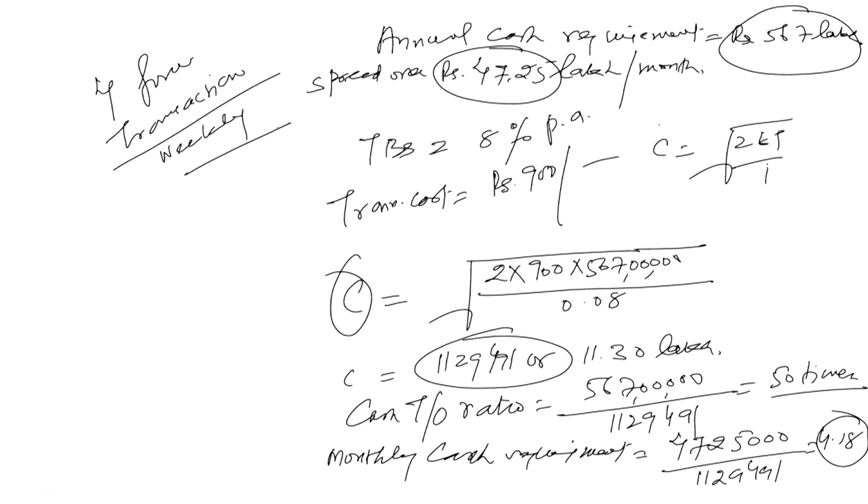The C which the firm is keeping is sufficient only for 1 week's cash requirement. So, the firm is keeping an amount equal to 1 week's requirement, and when that cash is over, the cash is brought in by converting securities into cash. These transactions are taking place.